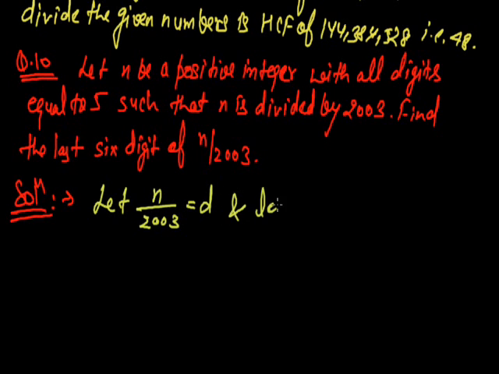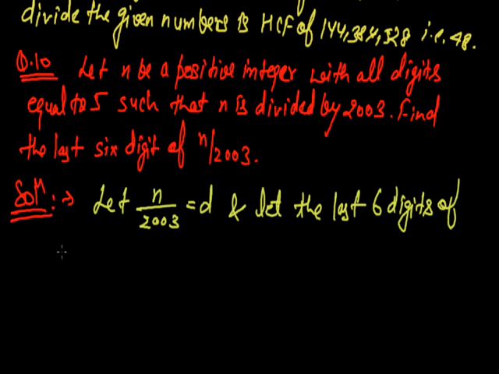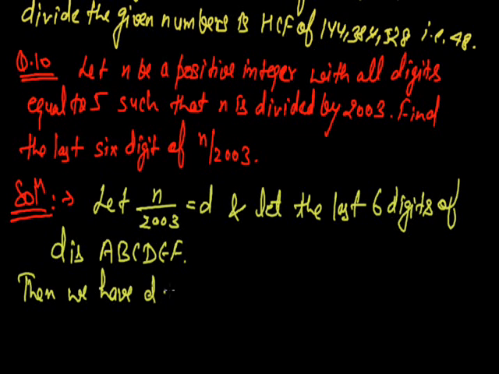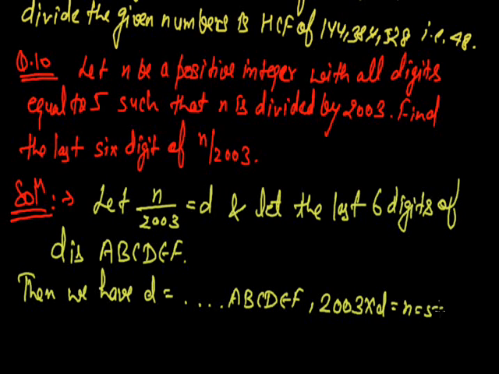and that the last 6 digits of d are a, b, c, d, e, f. Then we have 2003 into d is equal to n, which is equal to 5555 and so on, all the digits are 5.